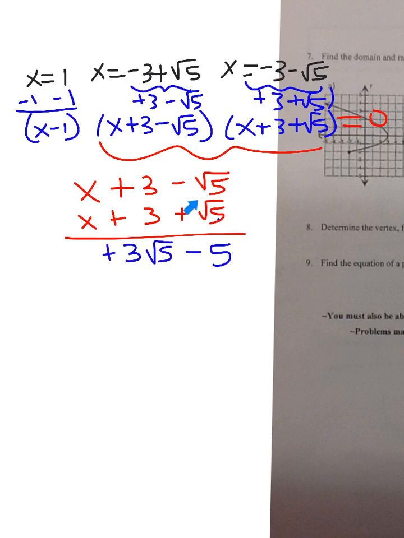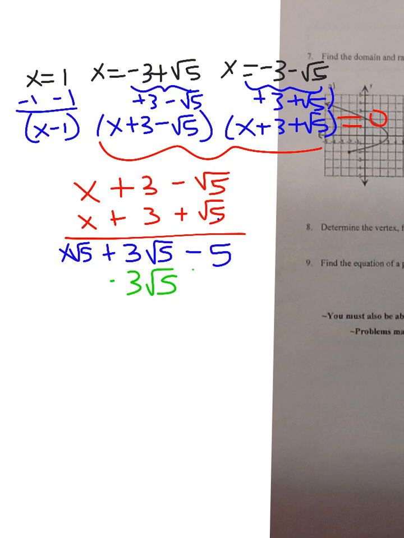Then the square root of 5 times x would be x square root of 5. Then 3 times negative the square root of 5 would be negative 3 square root of 5. Then 3 times 3, which is 9. Make sure you put that underneath the 5.